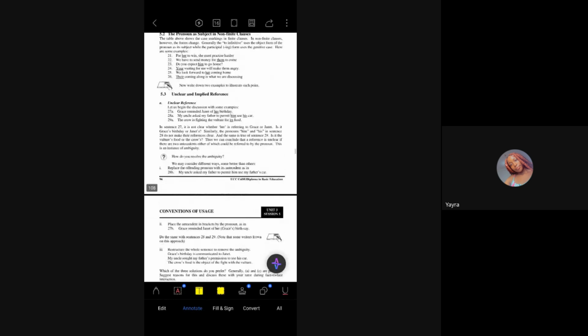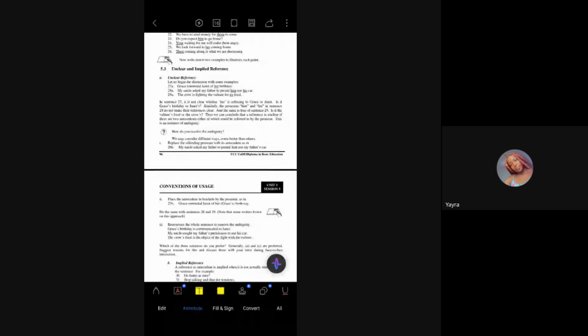Okay, so we have unclear and implied reference. These are the references or the pronouns in the sentence. The pronouns are not stated clearly. They are hidden, in a way.